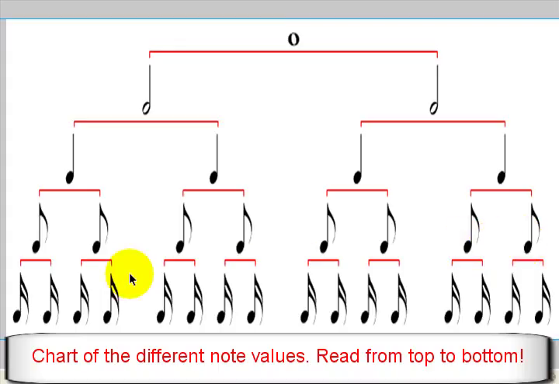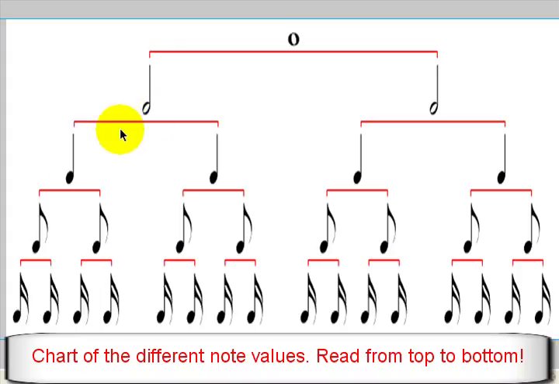Now the same thing happens here. Each eighth note divides into 2 16th notes. Here's the same thing going on. This one divides into 2 16th notes. And the duration is always cut in half with each red bracket.